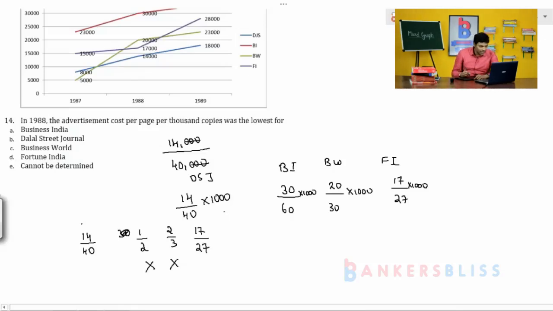Here the numerator is increased and the denominator is decreased, so the resultant fraction value is higher, which means 14 by 40 is lower. The lowest one is 14 by 40, that belongs to Dalal Street Journal. So option B is the right answer.